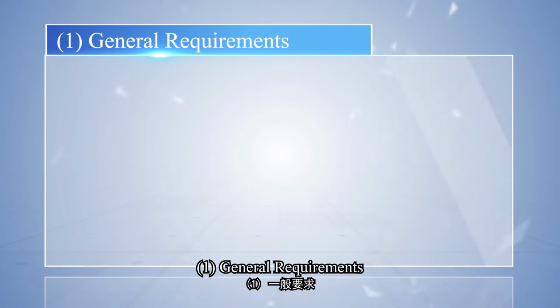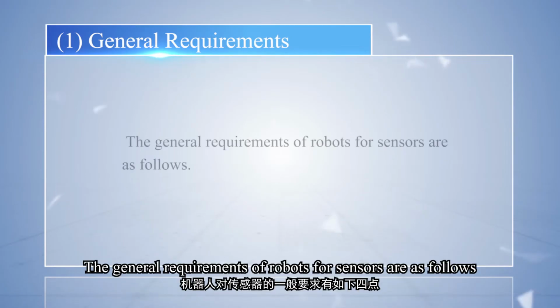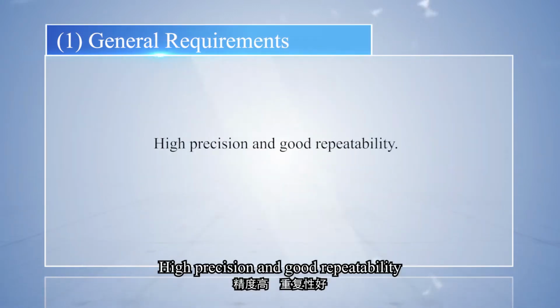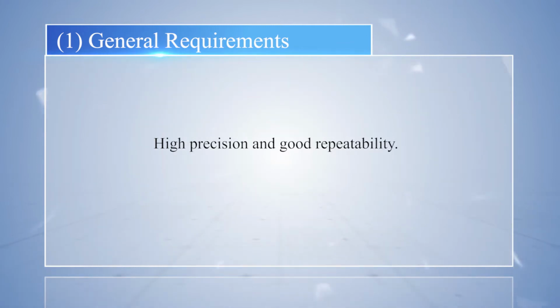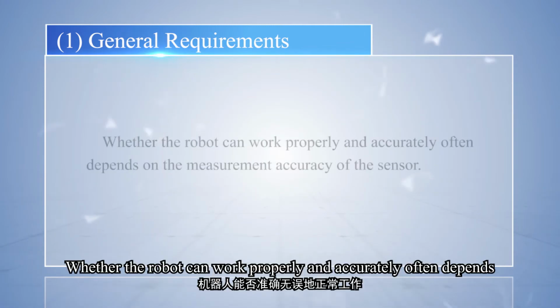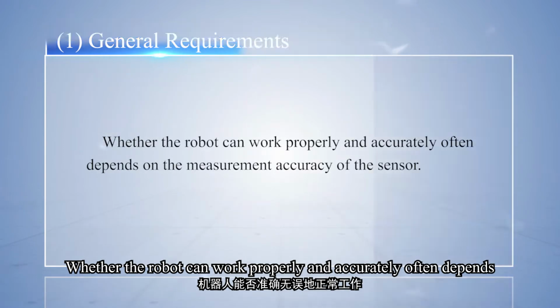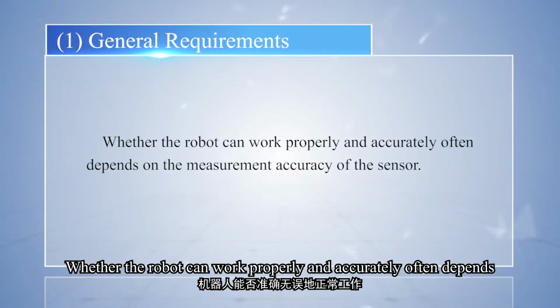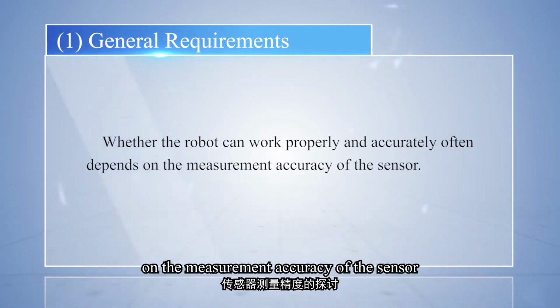First, general requirements. The general requirements of robots for sensors are as follows: high precision and good repeatability. Whether the robot can work properly and accurately often depends on the measurement accuracy of the sensor.